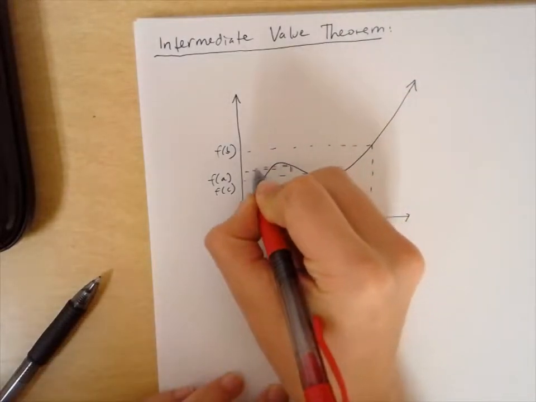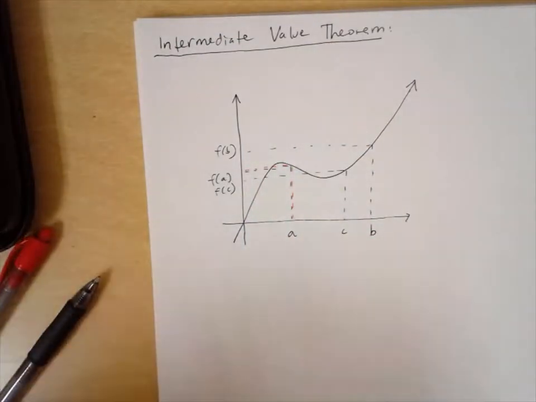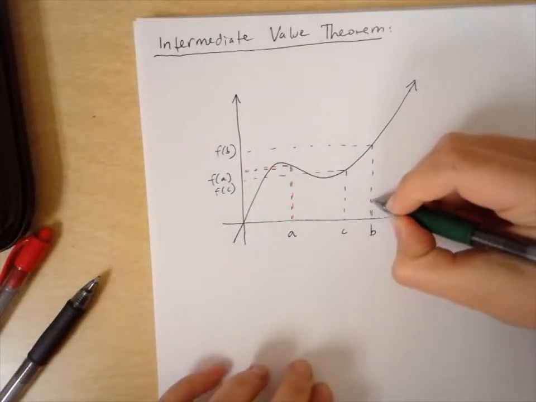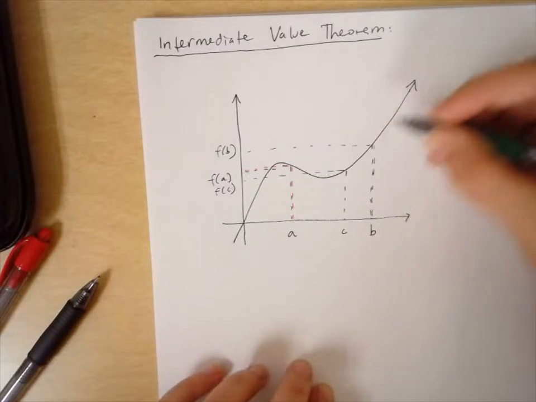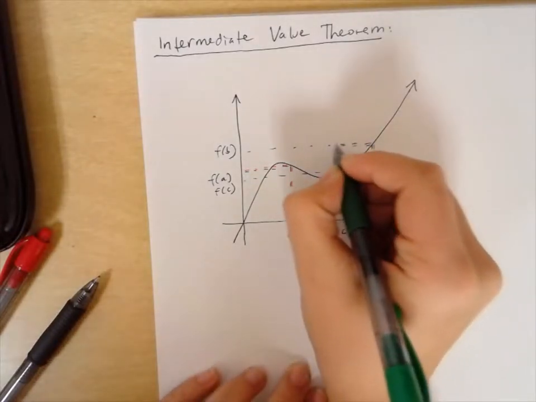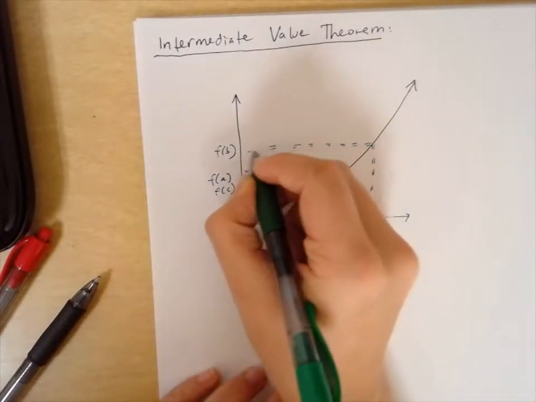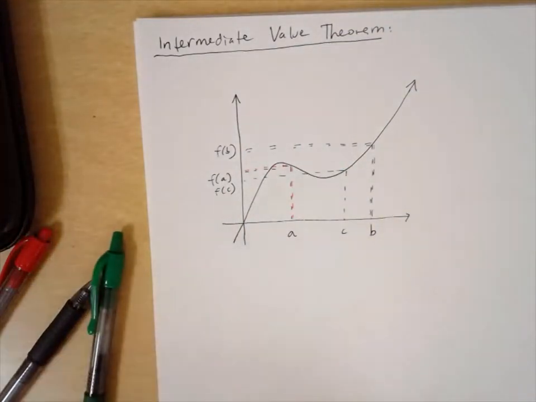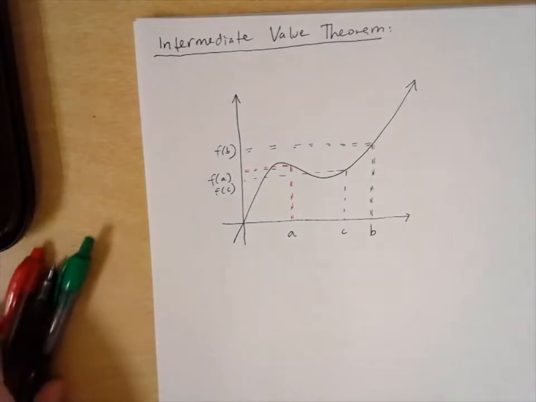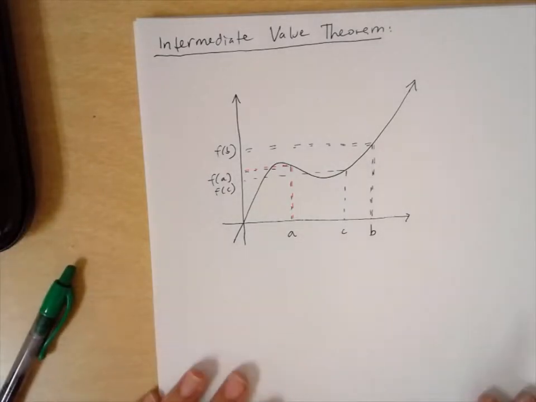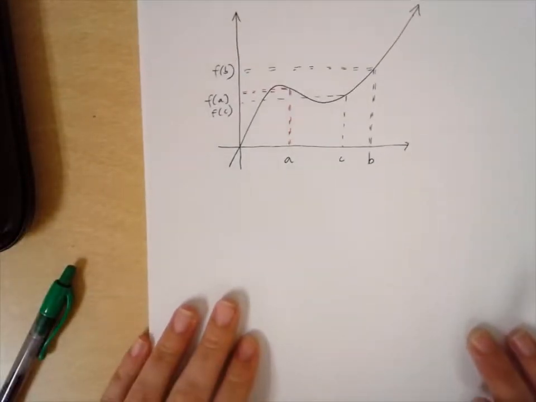This goes to f of a. You go to f of b. There we go. That's a little bit easier to see. And then we can call you the blue one, or we'll just leave that c value plain. Okay, great. So this is the graph we're going to look at when we make our definition.